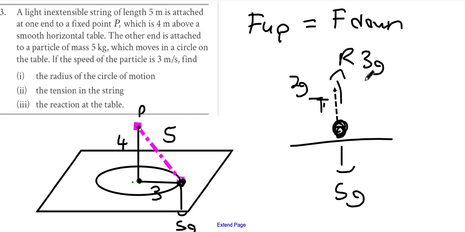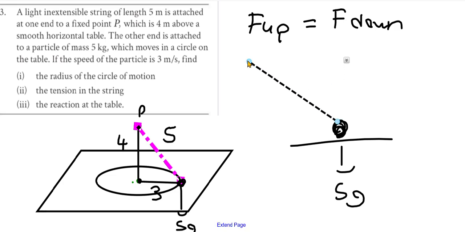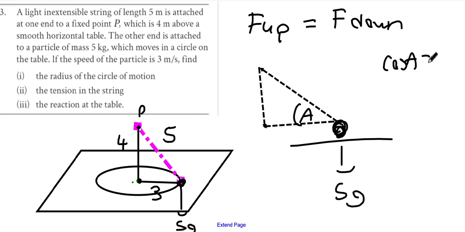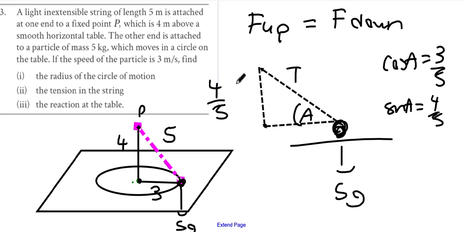All happy with that? Now the problem in this question is the tension doesn't go straight up. The tension is actually at an angle, like so, and this angle is a 3, 4, 5 triangle. So if you will, that would be angle A. And what we could say is cos A is 3 over 5 and sine A is 4 over 5. So would you all be happy with this being 4 over 5 T and 3 over 5 T?